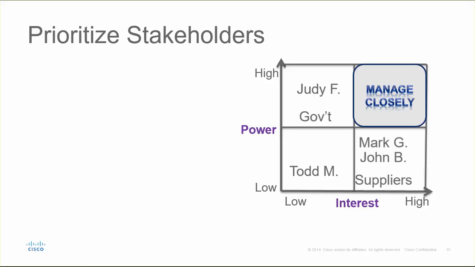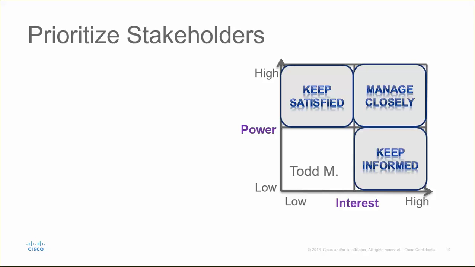For people in the high power, highly interested quadrant, these are the people you must fully engage and make the greatest efforts to satisfy. High power, less interested people, put enough work in with these people to keep them satisfied, but not so much that they become bored with your message. Low power, interested people.